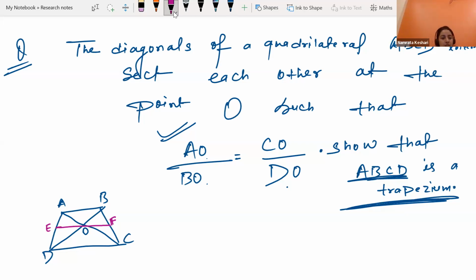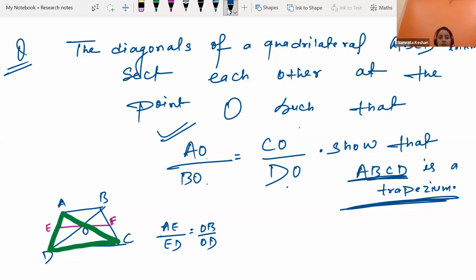Just a second. Let me think which sides parallel it will help. We'll be saying that EF is parallel to CD. Then we can take AE by ED is equals to OB over OD.